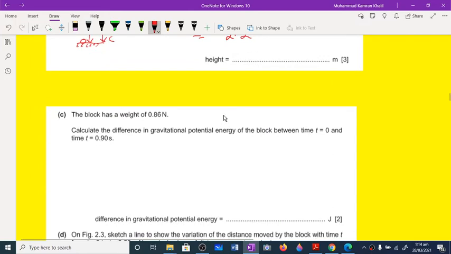The block has a weight of 0.86. Calculate the difference in the gravitational potential energy of the block between time t equal to 0 and time t equal to 0.90.